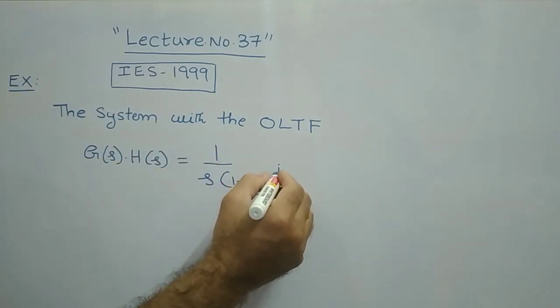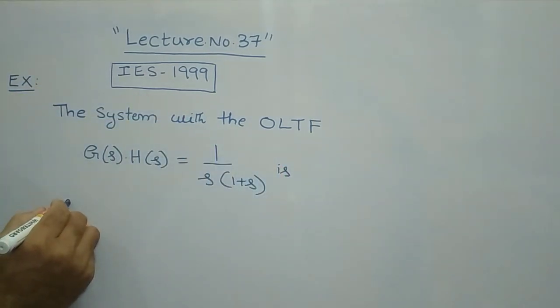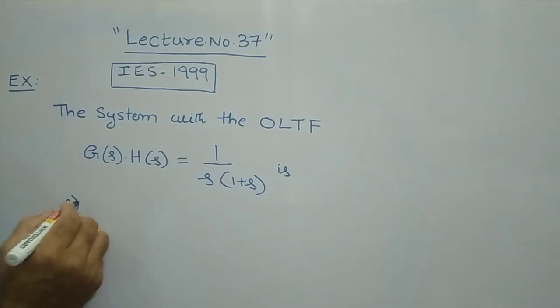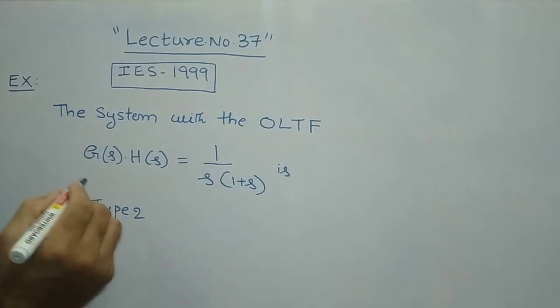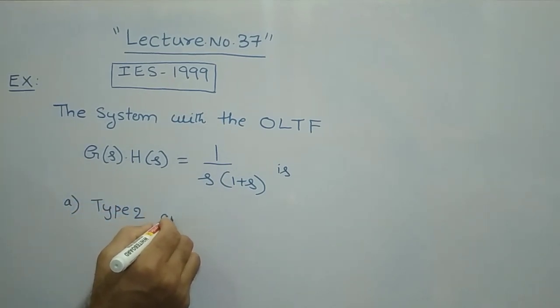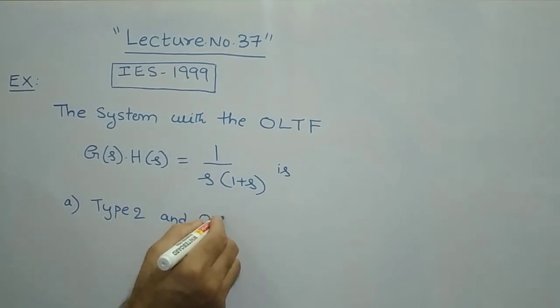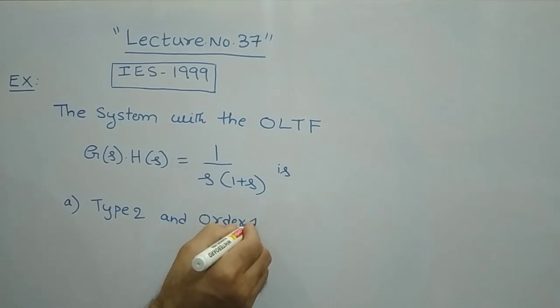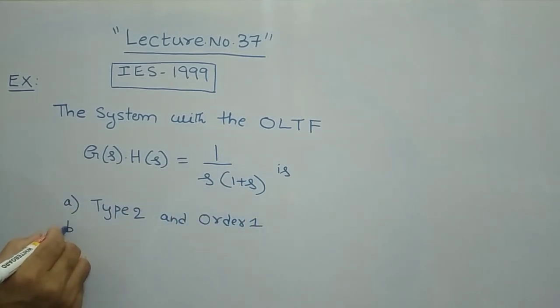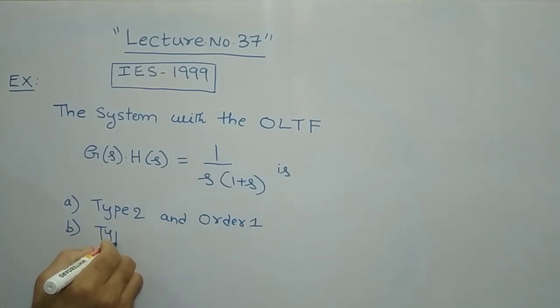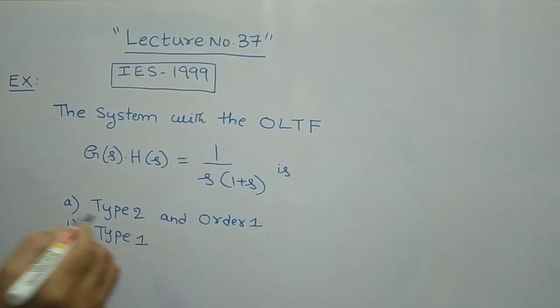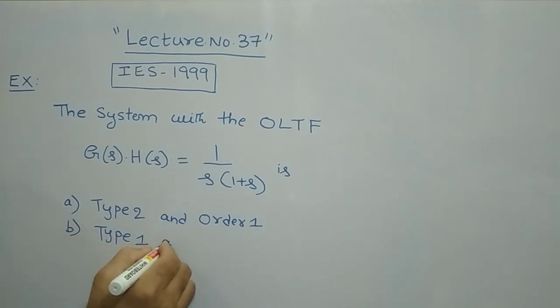Here the options are given. The first option is type 2 and order 1. Option B is type 1 and order 1.